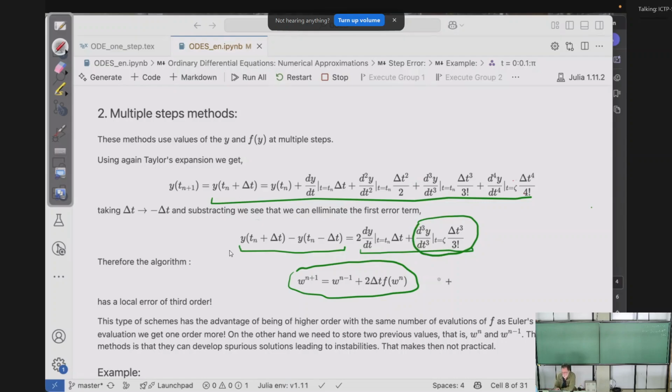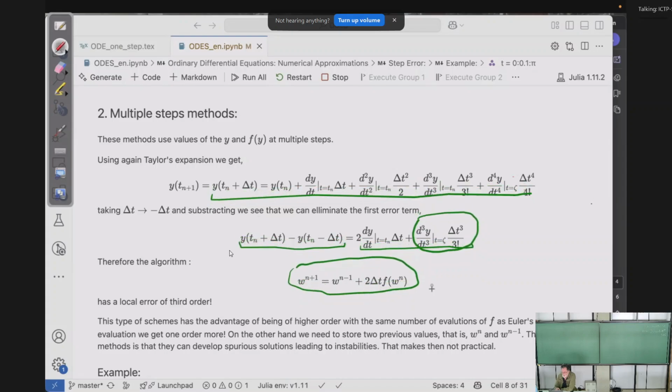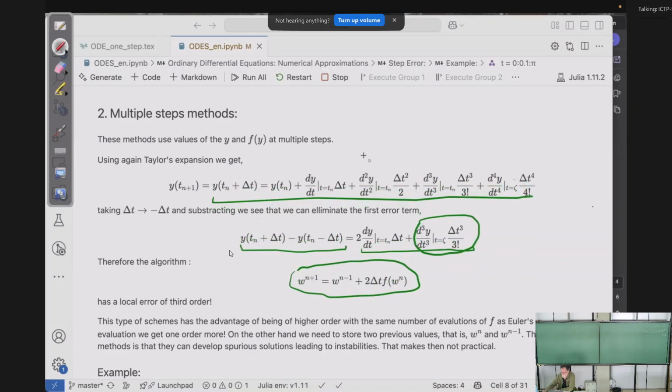So we have a method. This is very good in principle, because why? Because you say, okay, I have to evaluate f, and the evaluation of f is just one, so at every step you evaluate f once. The only thing is that now you have to keep in memory w_n and w_{n+1}.